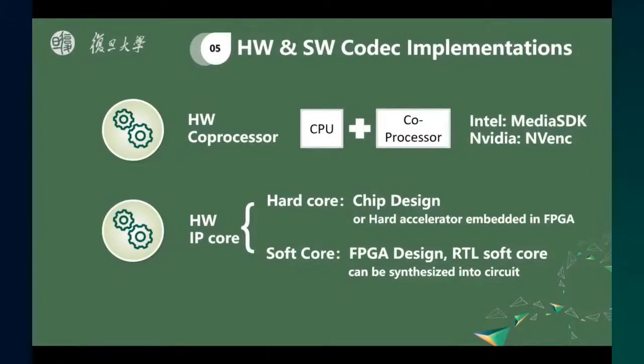You can see for Intel, there are Media SDKs, and for NVIDIA, there is NVENC. Another approach is to use a hardware IP core to do IC chip designs. For IP cores, there are hard cores and soft cores. The hard core is used for chip designs, and the soft core is used for FPGA designs.